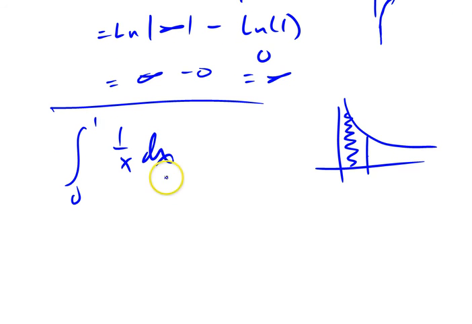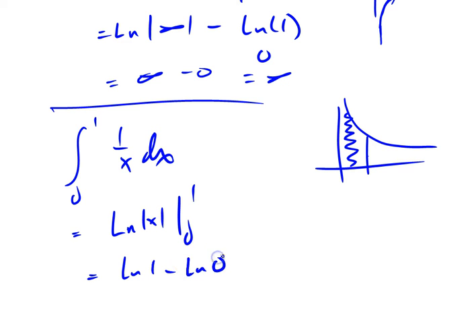Again, this doesn't look necessarily like there's an issue, but when you try it, you've got the natural log of the absolute value of x evaluated between 0 and 1, which is the natural log of 1 minus the natural log of 0. The natural log of 1 is 0, that's no problem, but the natural log of 0.